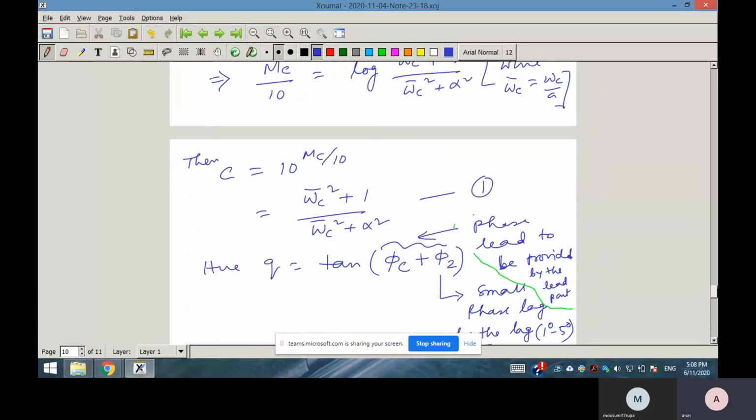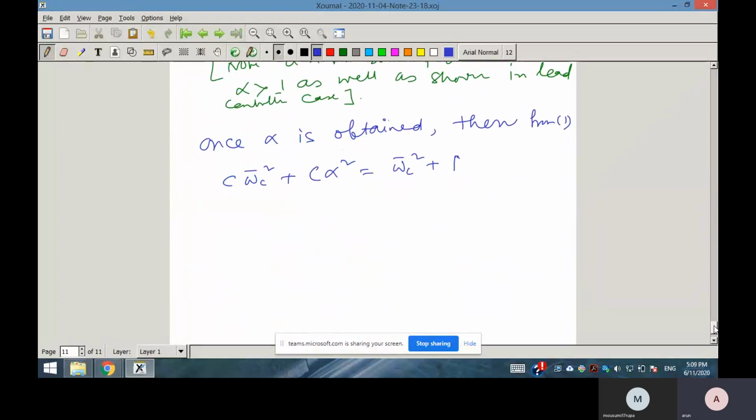So from here, what will you get? Omega c bar square into 1 minus c is equal to alpha square c minus 1.